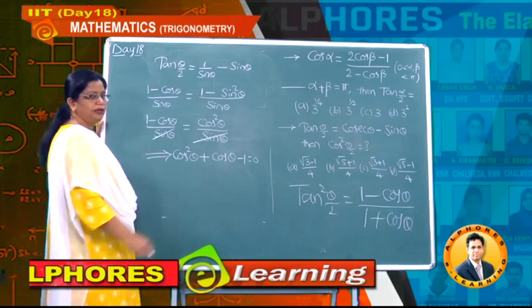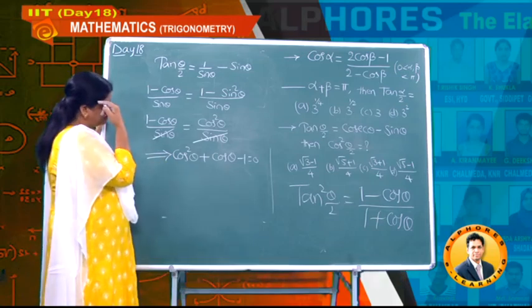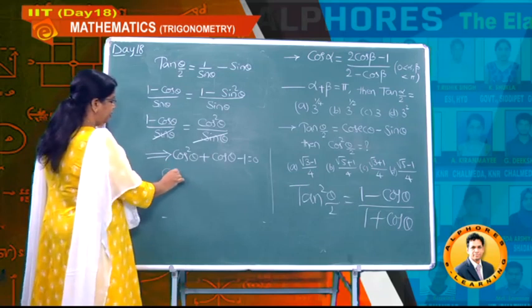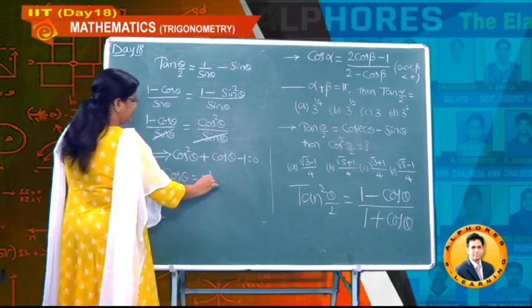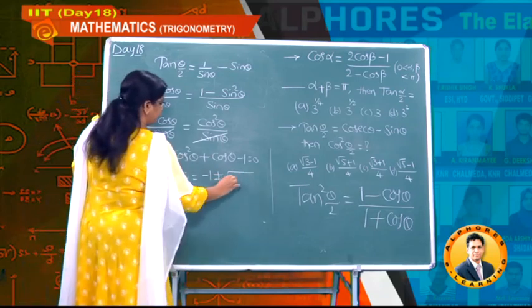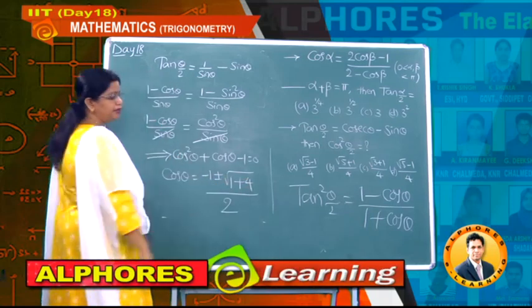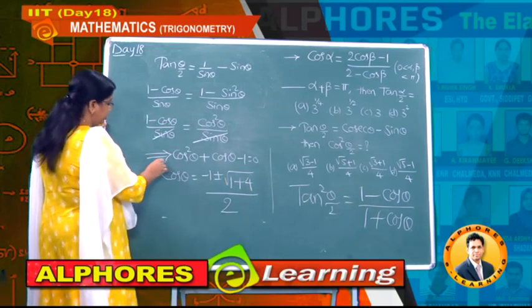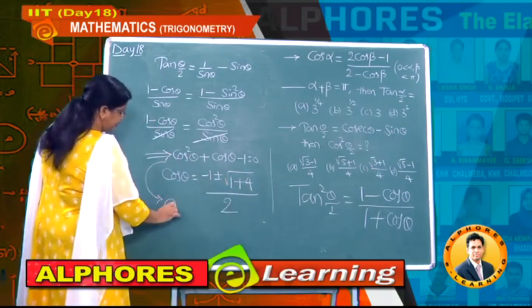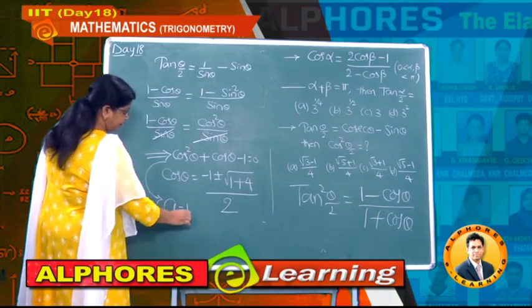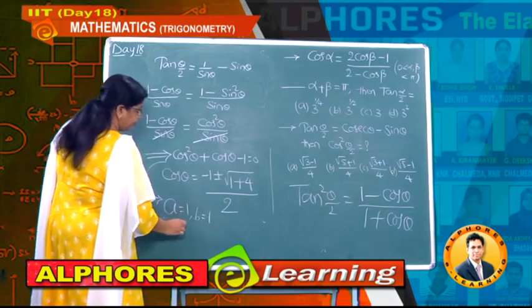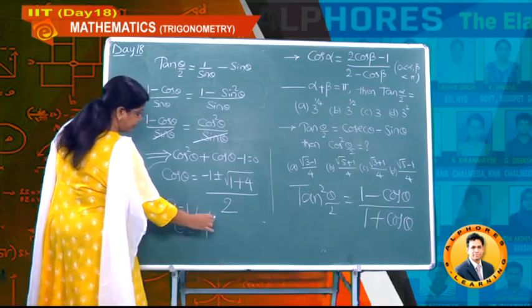Now you have a quadratic in cos. A quadratic in cos means we require cos theta equal to minus b plus or minus root of b square minus 4ac, whole divided by 2a. This is a quadratic equation in cos. Your a value is 1, and b value is 1, and c equals minus 1.